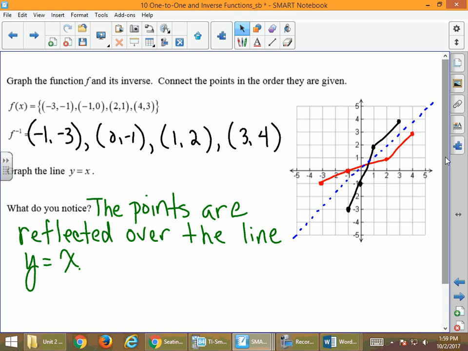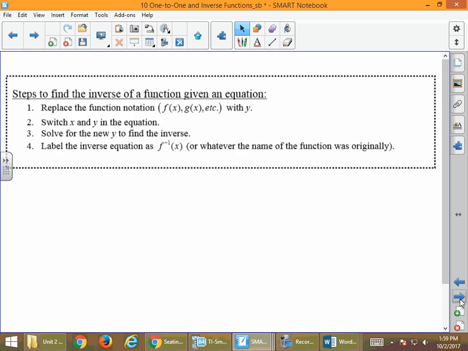But let's take it a little step further. Now that we kind of have the idea of inverses in our mind, let's find some inverses algebraically. And these are the steps that we use. We replace the function notation, f of x, g of x, with y. We switch x and y in the equation, just like we did with the ordered pairs.